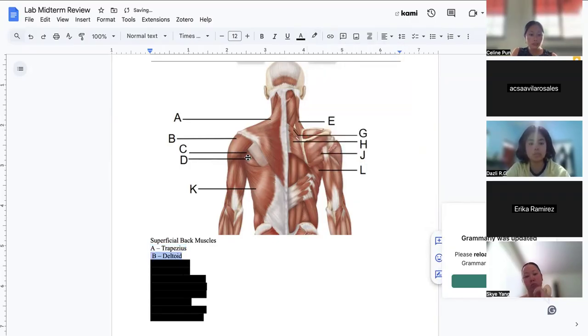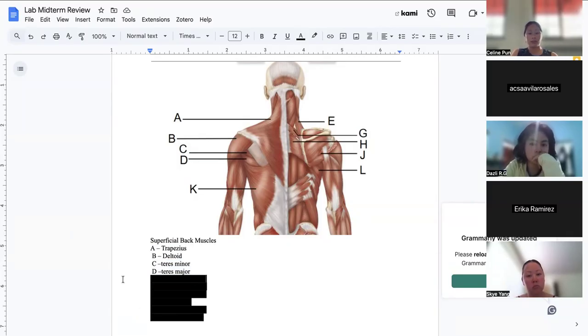C is this muscle down here, and D is right under it. Every time you see two muscles that look very similar to each other, you always think major and minor, and these are your teres, major and minor. Minor is the smaller one on top. E is this muscle right here. This is the muscle you use to elevate your scapula.